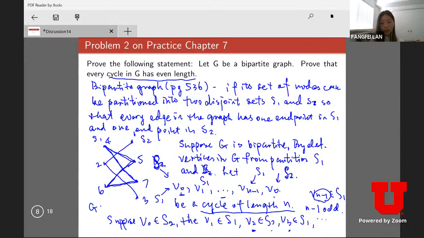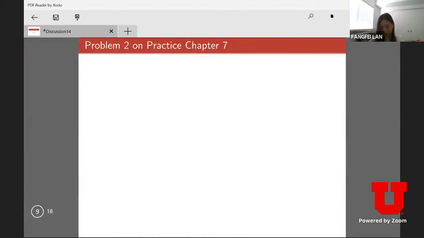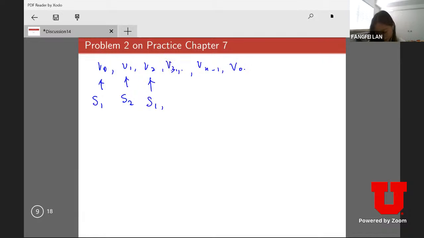So then V2 is going to be back in S1. So it's the same thing. If we have V0, V1, V2, and then Vn minus 1, and then V0 again. If V0 is in S1, then V1 is in S2, and V2 has to be in S1 again, and V3 has to be in S2. V0 goes back to the origin, that's still in S1. So what about Vn minus 1 then?